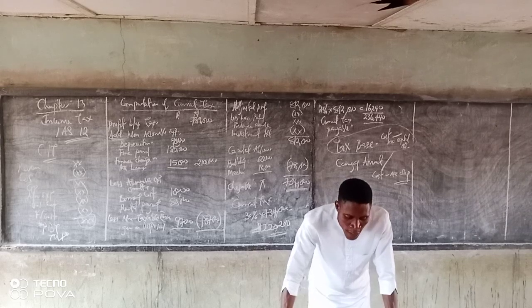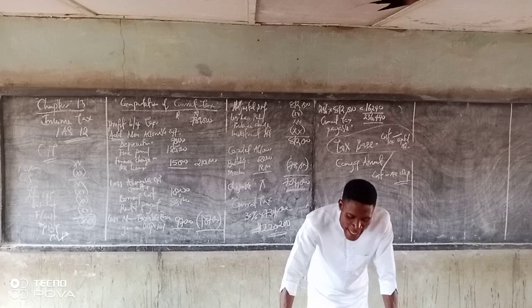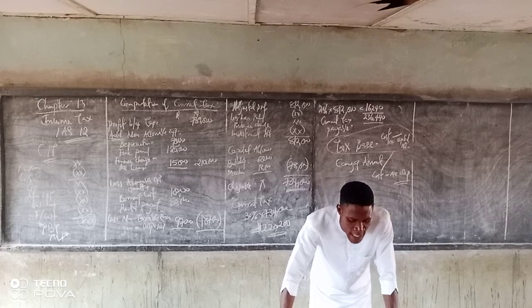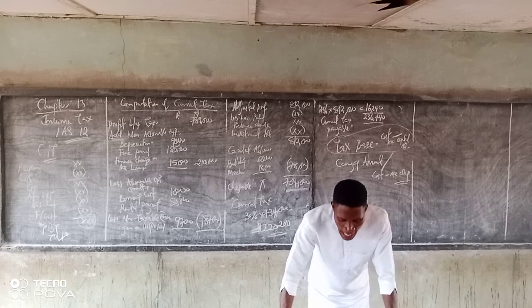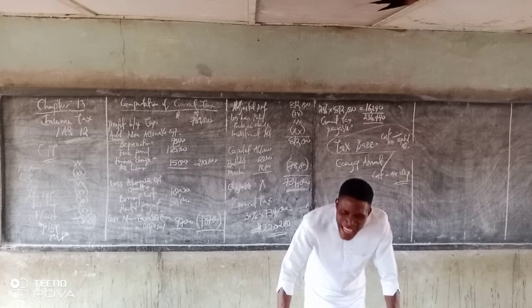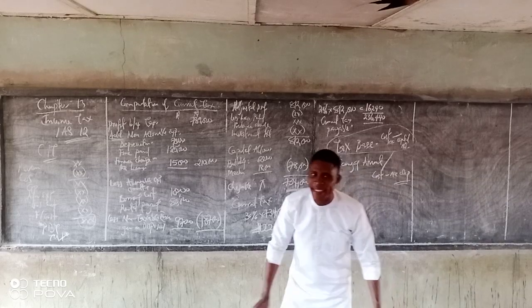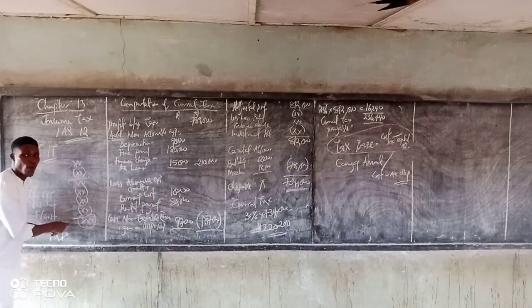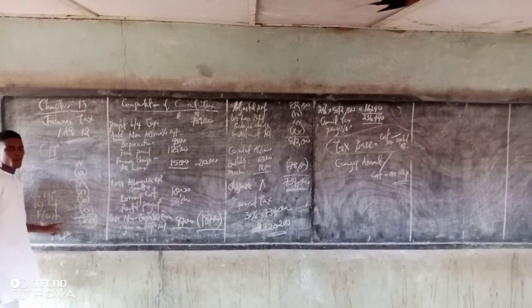Look at that statement again. If the amount already paid exceeds the amount due, the excess must be recognized as an asset. When the financial statement is prepared, the tax charge on the profits for the year is likely to be an estimate. Can you see now? By the time you prepare the financial statement, the tax charges are likely to be what? To be estimates.